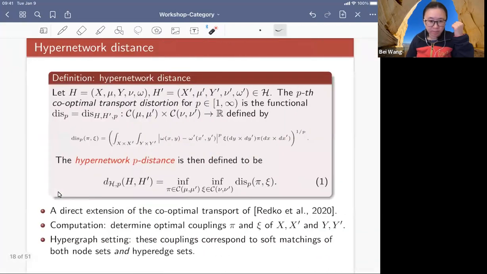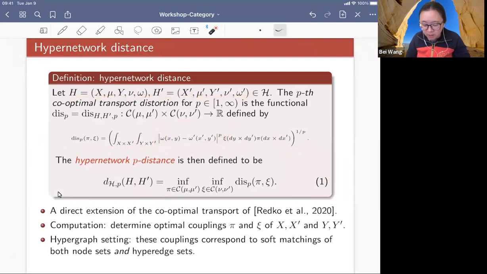But what we really care about in this talk is a distance between hypernetworks. If you have 2 hypernetworks, you can define a distortion. The distortion is the hypernetwork function to the p-th power, or you can think of omega as a weight matrix to the p-th power.